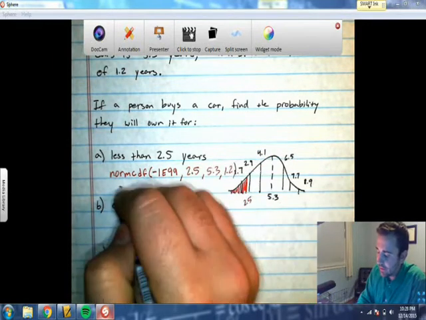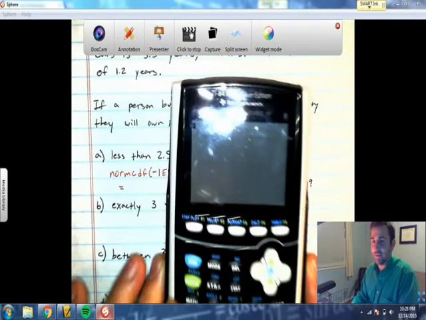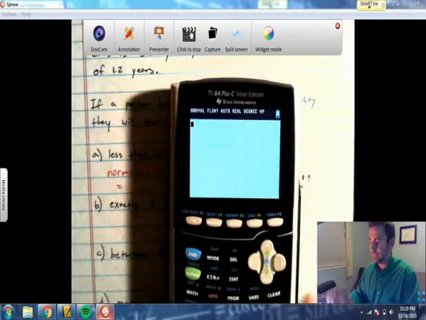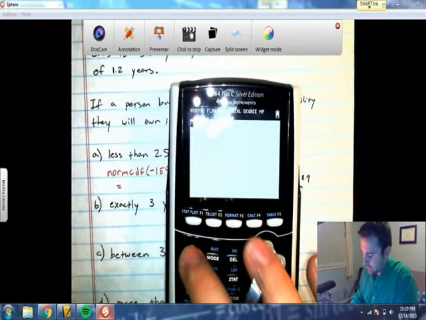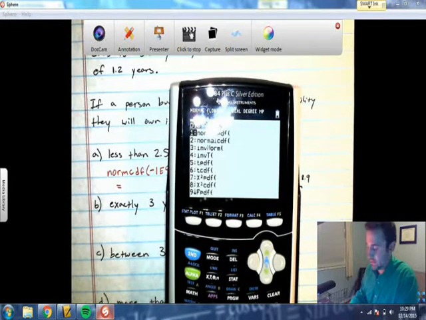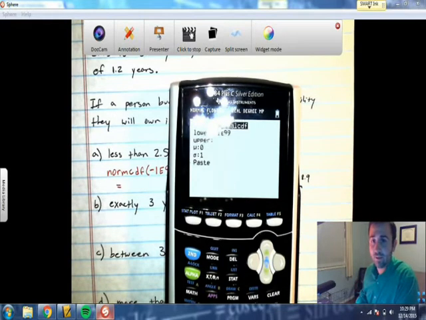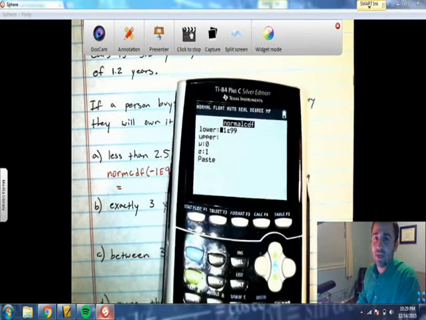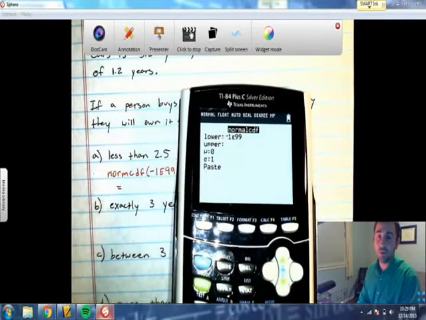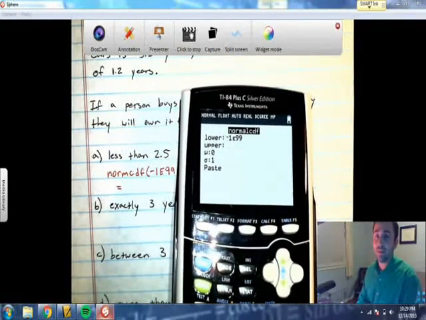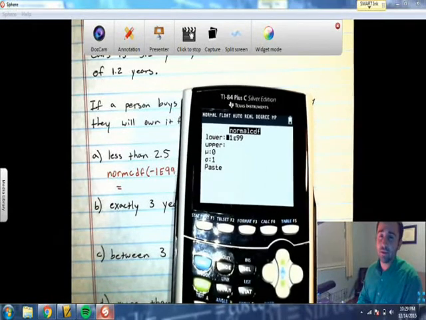What that looks like on my calculator is: second vars, which is distributions, go down to normal CDF and press enter. A lot of yours is not going to look like this, because this prompts you with what you need to put in. A lot of you are going to have to remember the syntax, because the TI-83 calculators make you put it in as a list.